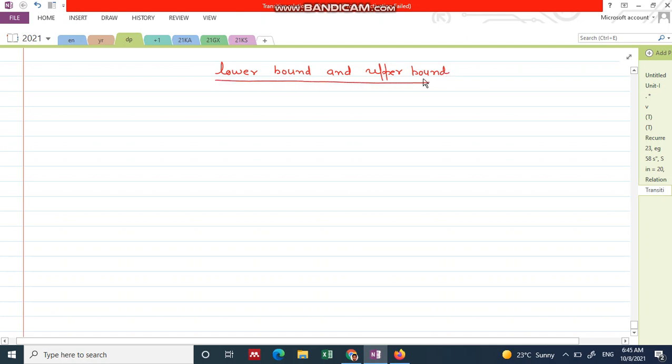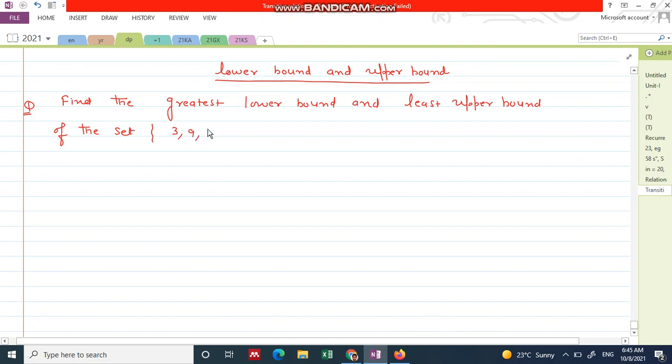Okay, so for example, the question is this: find the greatest lower bound and least upper bound of the set 3, 9 and 12.